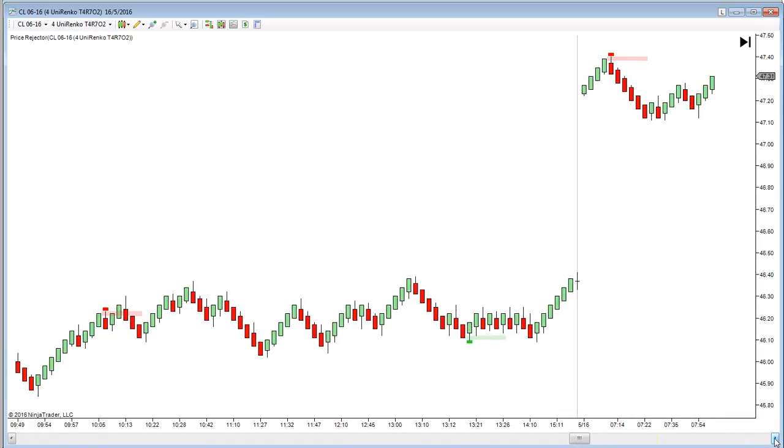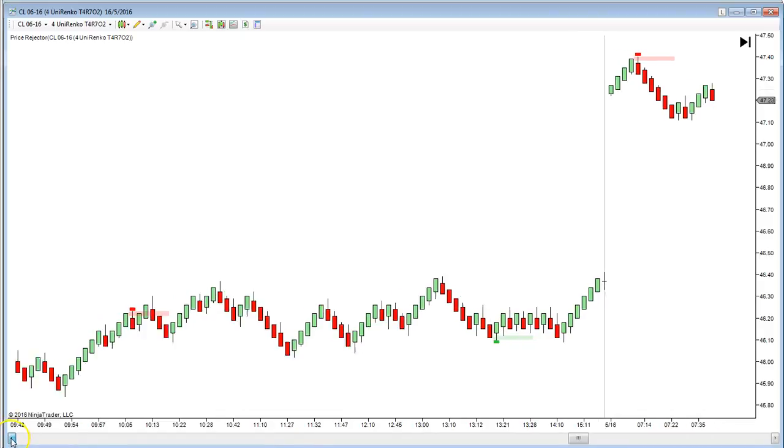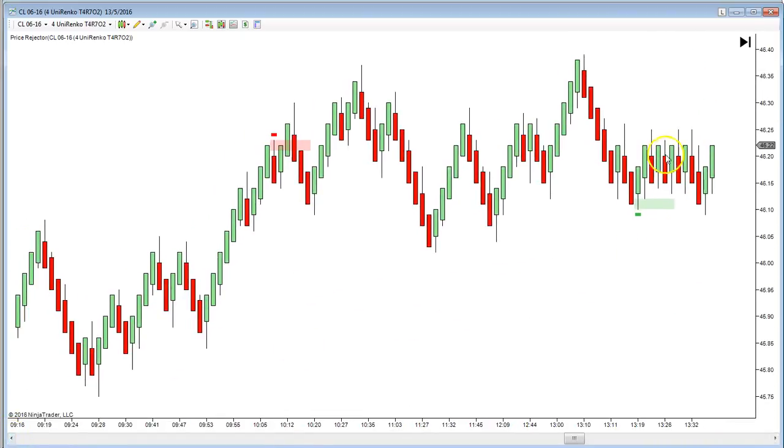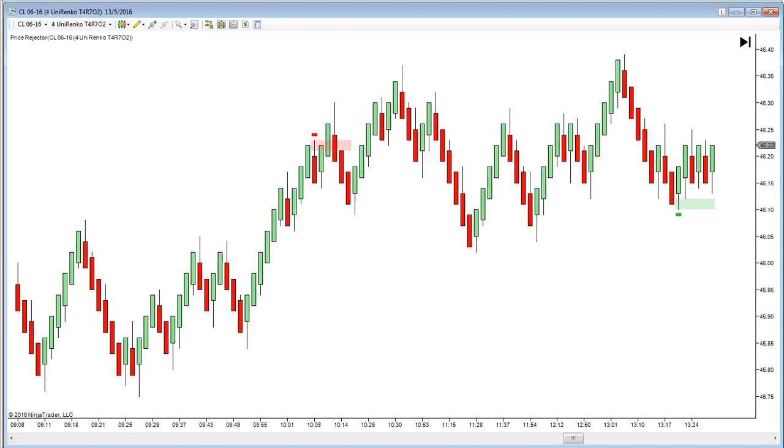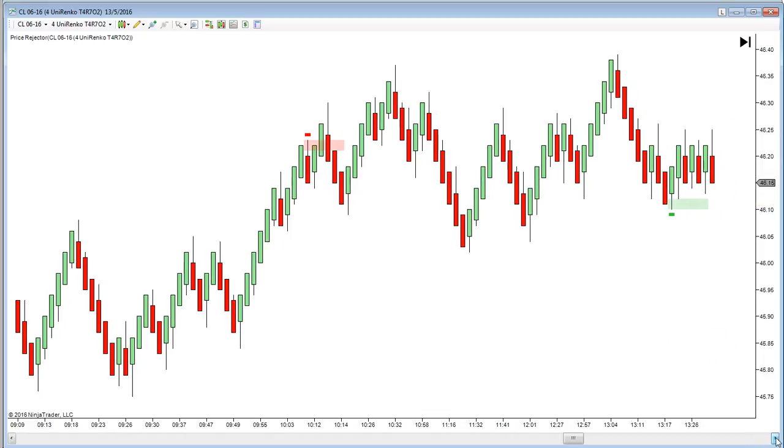When you're just staring at this back and forth, had I taken this trade, you're looking at that and trying to get out. You don't necessarily want to hold it much more than you really need to.